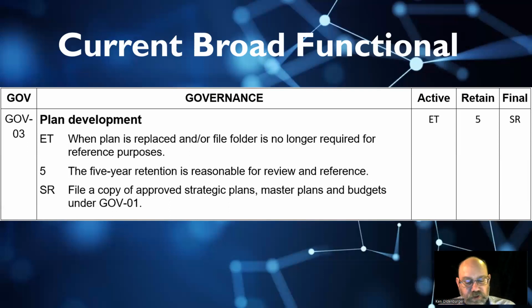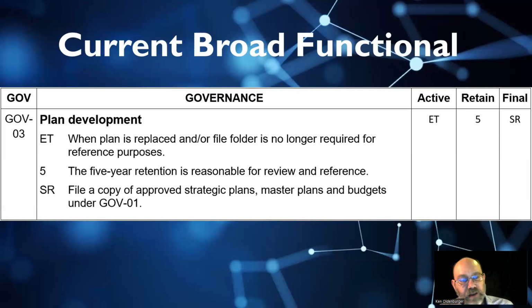Then the closed file is kept for 5 years according to the retain column. And we have a final disposition of selective retention. Again, if you have an SR, you have got to have a definition down below.